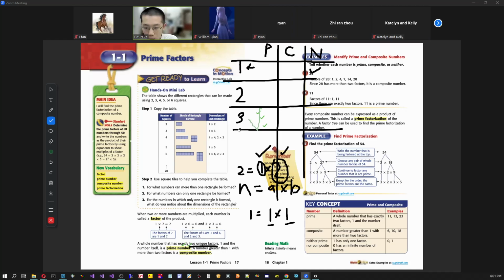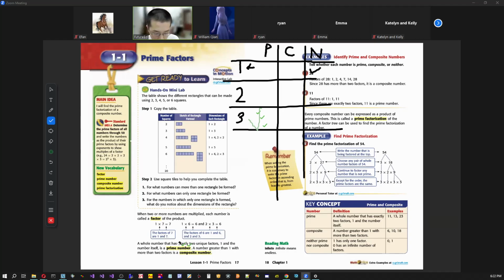Emma, can you tell me why 3 is a prime? You can only times it by 1. Exactly. So it can be divisible by 1. What other number can you divide it by? 3. So if we look at the definition, it is a prime number.